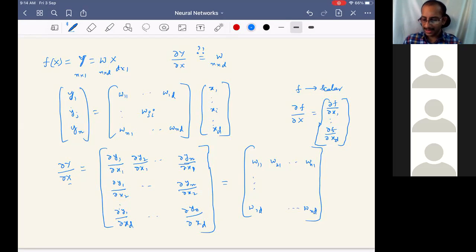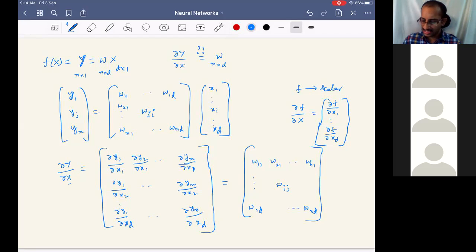So the overall matrix, if you write an element in between, it will be Wij, because I am writing i here first and j here. W21 is here in this case. So it is the transpose of this. Fine.